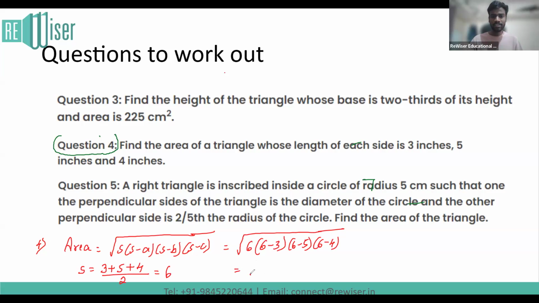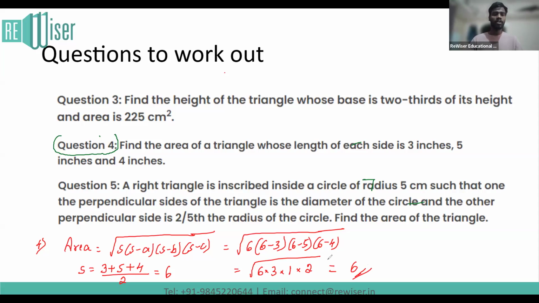If I simplify this, it's 6 into 3, then 6 minus 5 is 1, then this is 2. So that's going to give us the square root of 36, which is just 6.